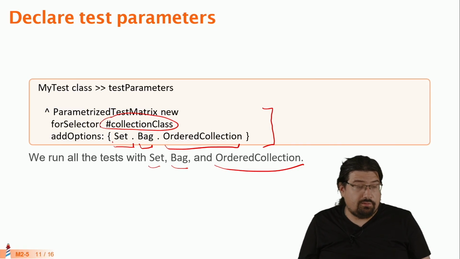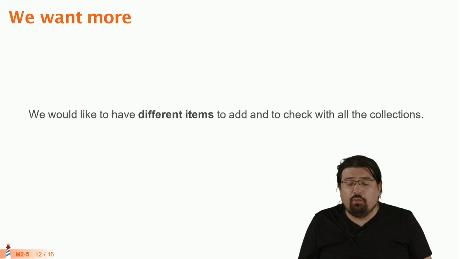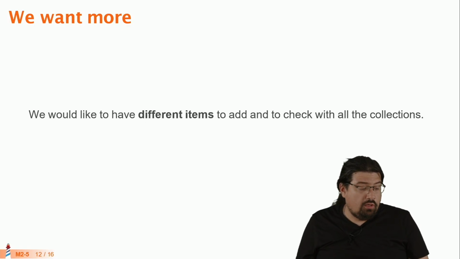In this case, we have extended our test case from only testing with Bag to include other kinds of collections. But what if we want more? What if we also want to change the kind of object that we are storing in the collection? In this case, we are only using strings, but we want to test also with numbers, other objects, and different elements inside. So we can test that the implementation of collection can support more than strings.